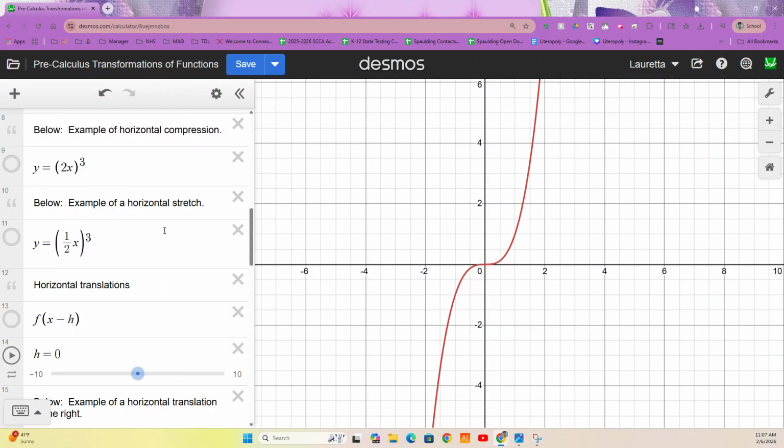And here's an example of a horizontal stretch. That's when the absolute value of b is in between 0 and 1, not including 0, not including 1. So y equals, in parentheses, the quantity 1/2 x all cubed. And it creates a horizontal stretch.